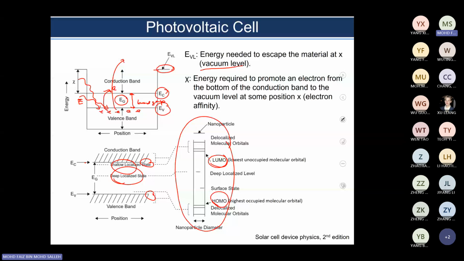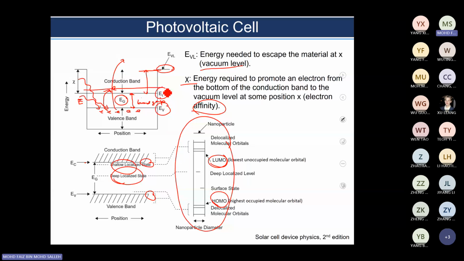And one more thing, for semiconductors, we also have electron affinity. This electron affinity is the distance between EC and the vacuum level. That is for semiconductors. For a conductor or metal material, we do not consider EC and EV because the EF is already inside the EC.